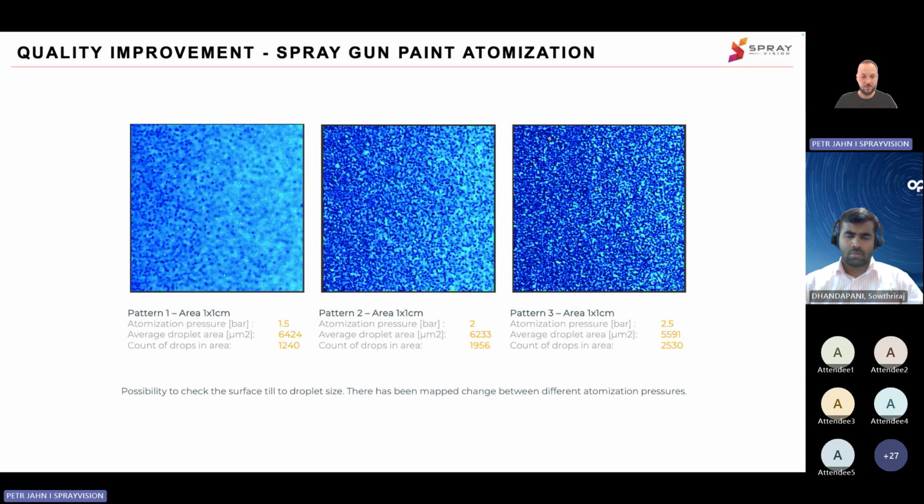Improvement and optimization: you can also compare different setups. You can see at which atomization pressure setup the atomization is good, or in which case you're already losing quality. In this example, we have 3 different atomization pressure setups and the outputs from our system. You can clearly see the differences by naked eye, but we also give the numbers.